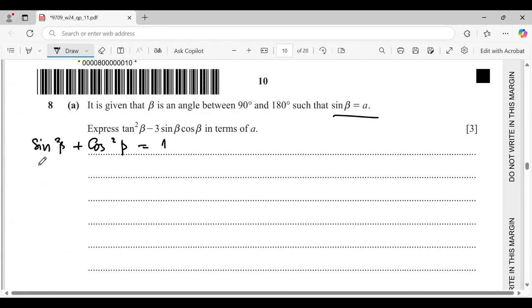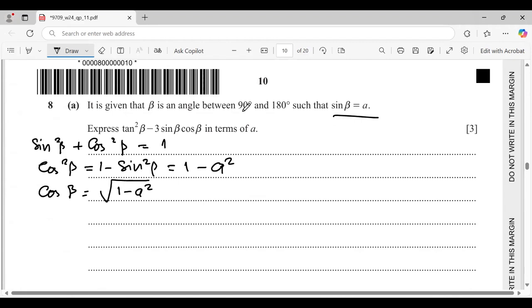So it means cosine squared beta equals 1 minus sine squared beta, which is 1 minus A squared, right? And cosine beta equals square root of 1 minus A squared.